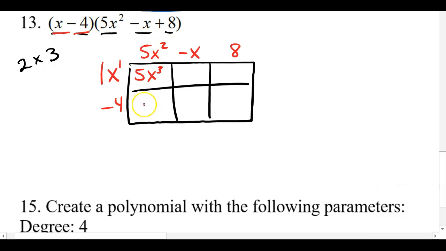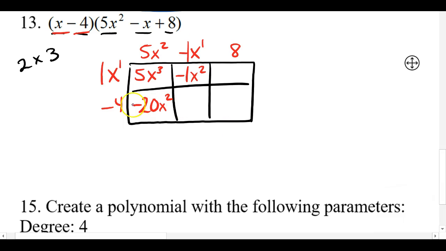And then let's go down. Now we multiply the numbers, negative 4 times 5, negative 20, and then times x squared. And then up here, well, it says 1 times negative 1, so that's just negative 1. And then we have x to the 1 times x to the 1. Well, that's x squared, 1 plus 1.